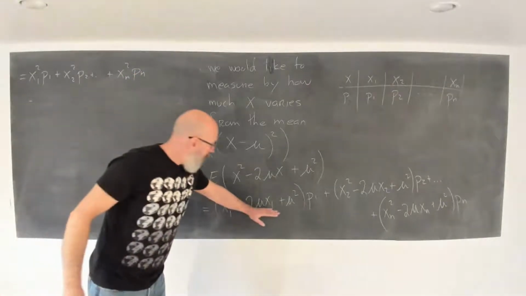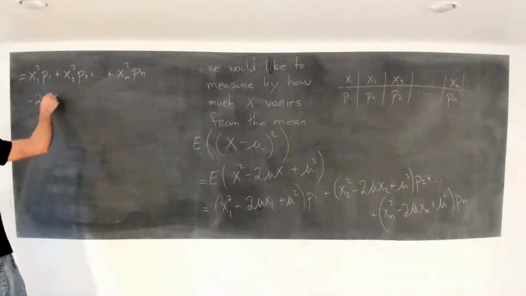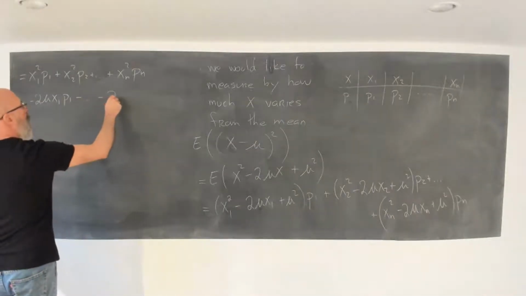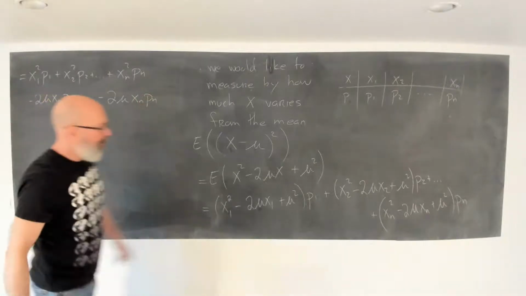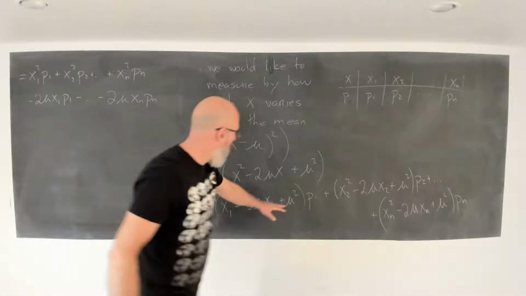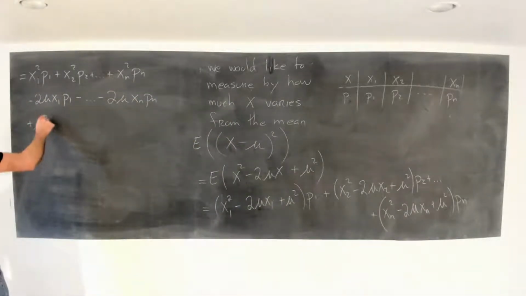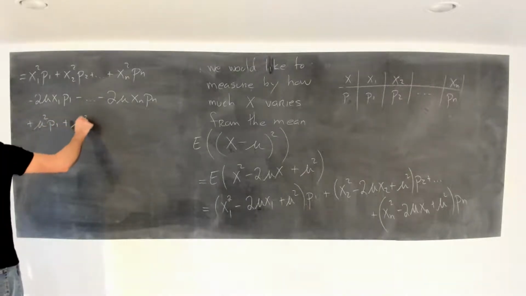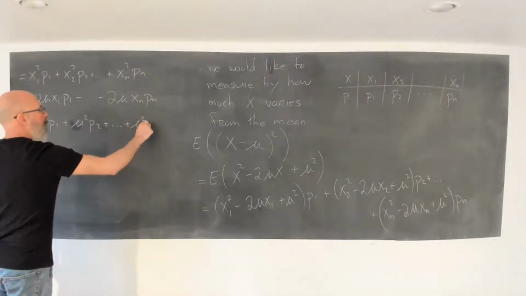And then minus 2 mu x1 p1 all the way to minus 2 mu xn pn, right? So I'm going to group the middle terms together. And finally, the last terms: mu squared p1 plus mu squared p2 all the way to mu squared pn.